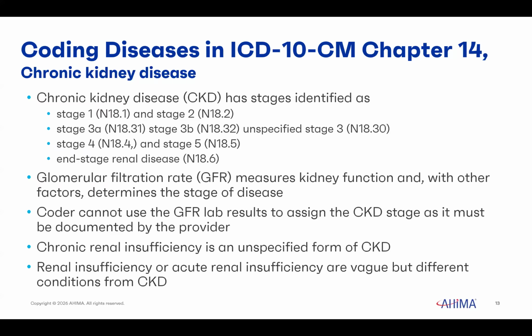The numbers to the right of the digit will be the stage of the chronic kidney disease with one exception, and that's stage 3A, which is code N18.31, and stage 3B, N18.32, and unspecified stage N18.30.